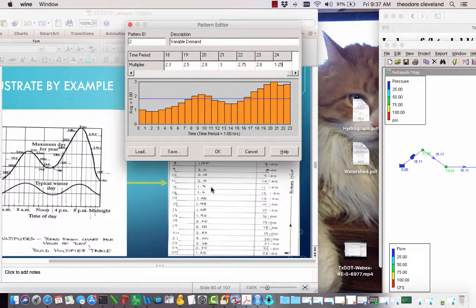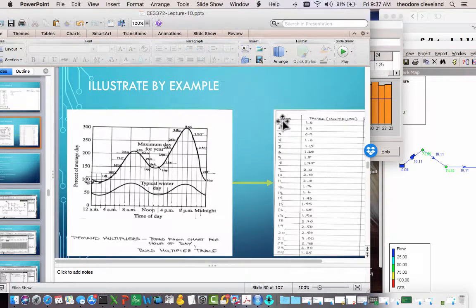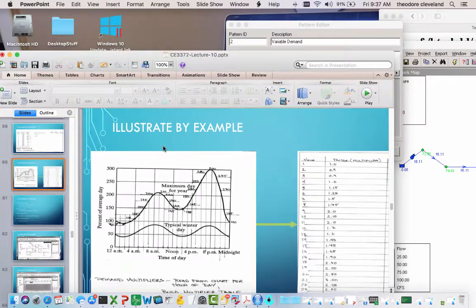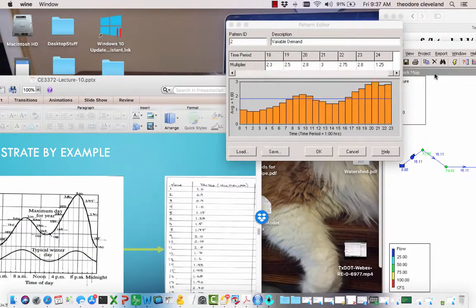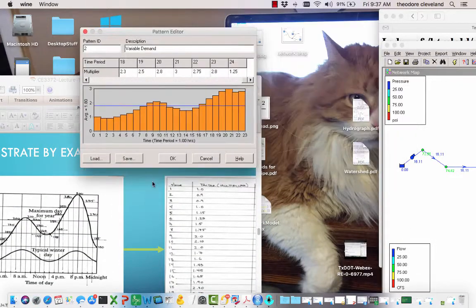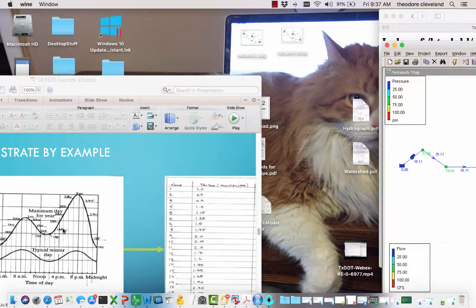Curves like this appear in the literature, and there's not many available, and they would generally be tabulated for larger municipalities, or perhaps even certain states would have a typical design curve that one could use. Alternatively, you would have to make flow measurements or assess the behavior of nearby functional systems for which data are available. Okay, so the pattern's entered.